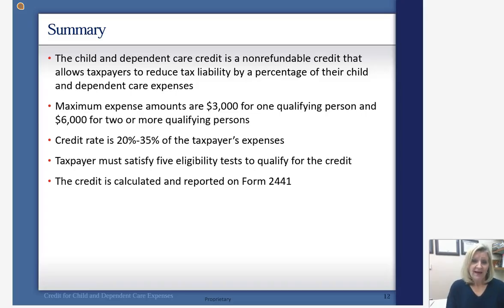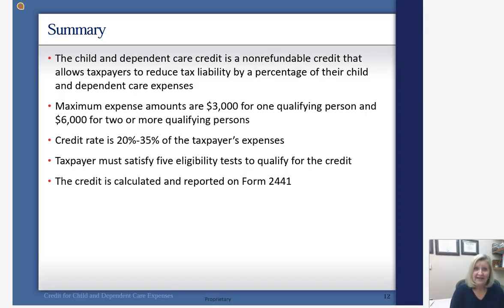All right, so the maximum expense amounts are $3,000 for one qualifying person and $6,000 for two or more qualifying persons. This is another one that was actually modified during COVID, so it's back to these amounts now for 2025. The credit rate is 20 to 35% of the taxpayer's expenses, but again, let's say you have 2 or 3 children and your expenses were $10,000.